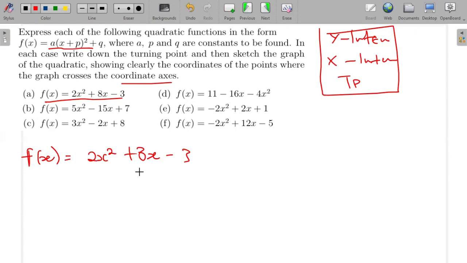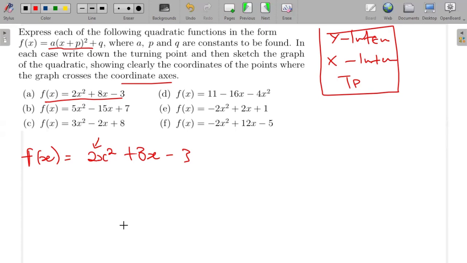If it's not 1, then we can't complete the square. So the coefficient of x squared always has to be a positive 1, not a negative 1, not 2, not 5, not any number. If it's not a positive 1, like most of these questions you are seeing here, we have to make it a positive 1.